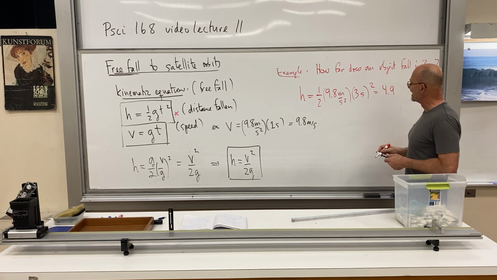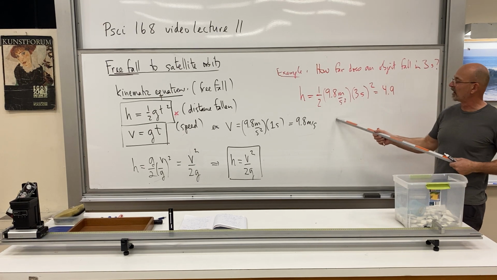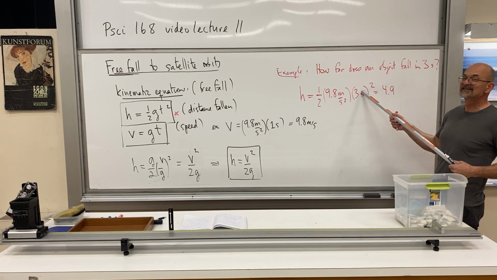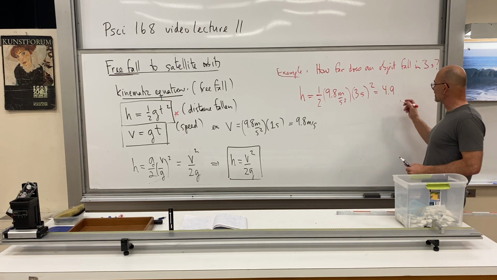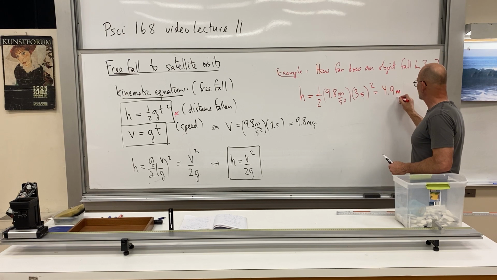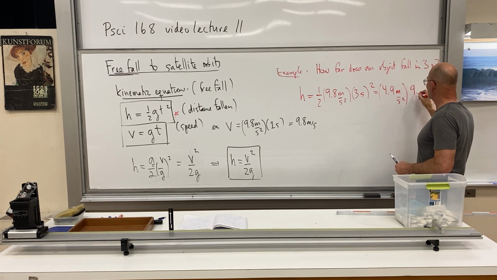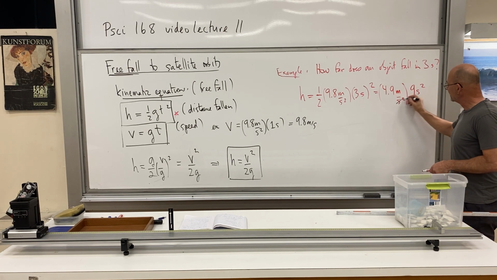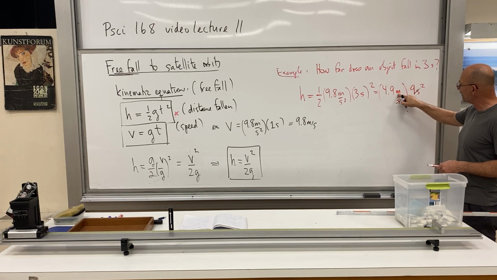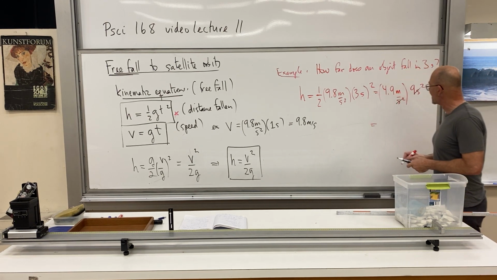Okay. Now, in terms of the units, we have meters per second squared, and here in the numerator we have seconds squared if we multiply that out. So I'm actually going to write this meters per second squared times 9 seconds squared. So if you do that, then these cancel and you're left with meters, and the answer is 4.9 times 9.